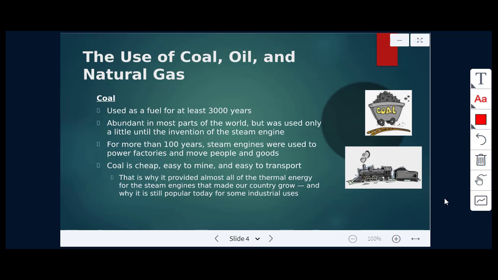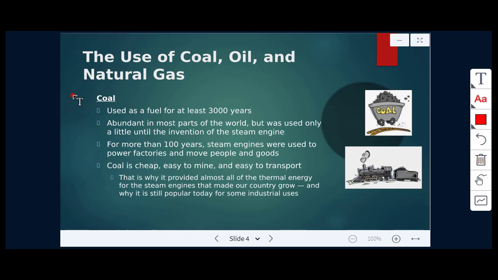All right, next is the uses of coal, oil, and natural gas. Let's take a look at coal first. It's been used as a fuel for at least 3,000 years. It's abundant in most parts of the world, but was used only a little until the invention of the steam engine.